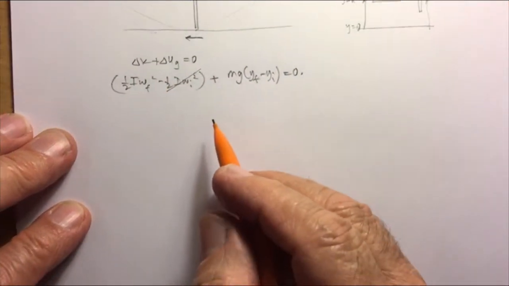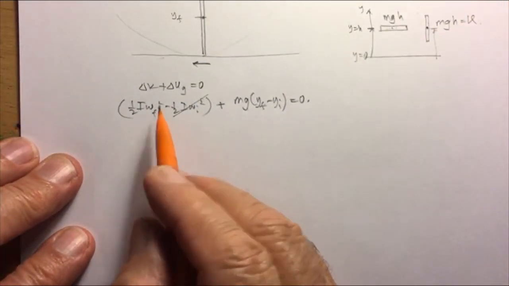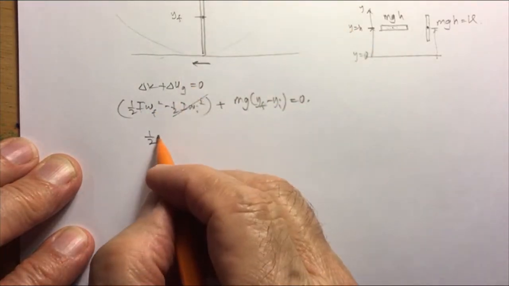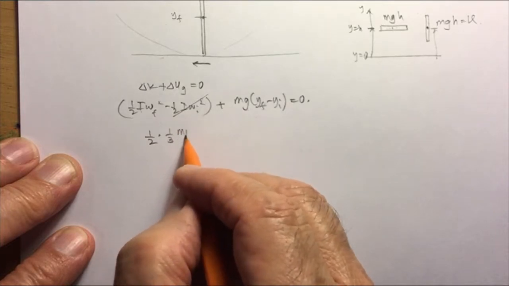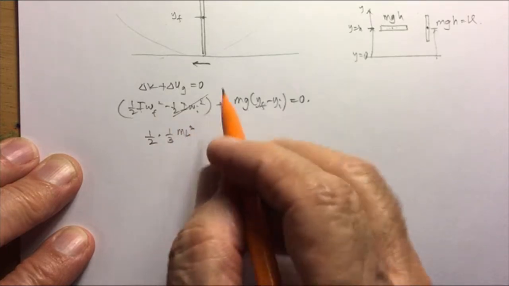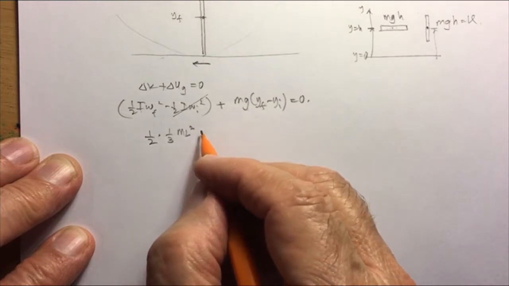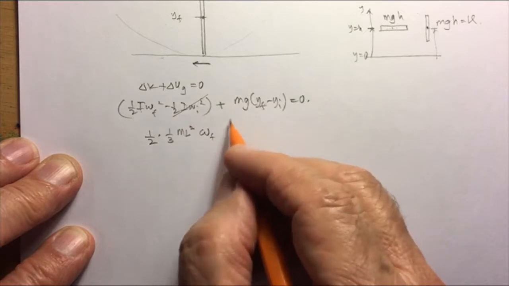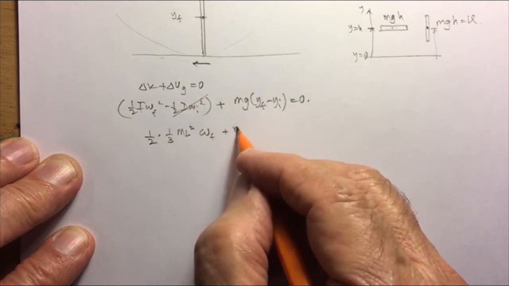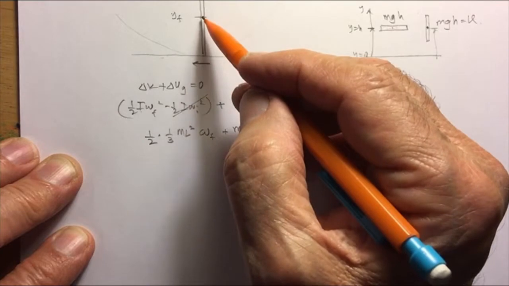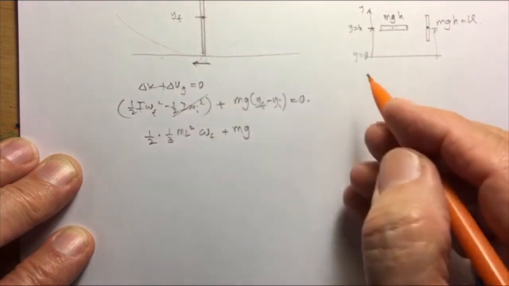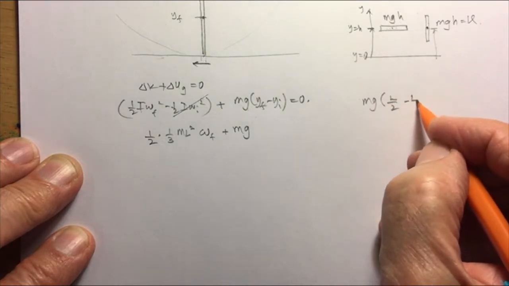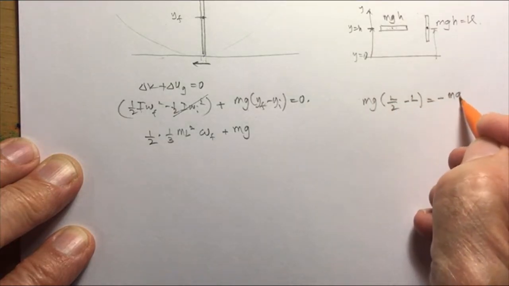And so we'll use that in here, and we'll write it as half I. The moment of inertia for a stick at one end is 1/3 mL squared, omega final, which we can keep as omega final for now, and it's initially 0, plus mg, and y final is L by 2, y initial is L, that's minus mg L by 2.